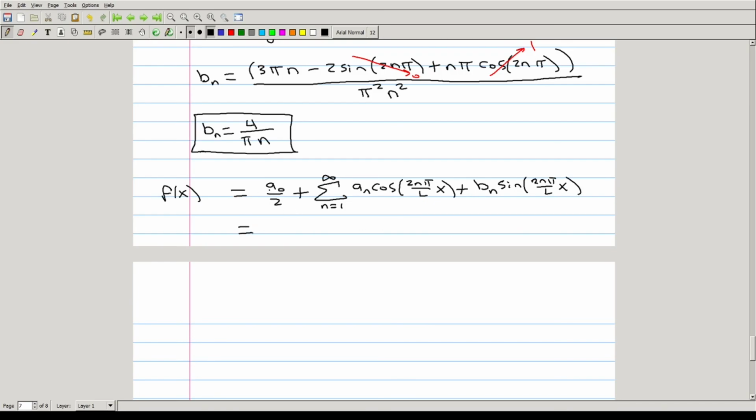When you plug in, a naught over 2 gives you 1, all of your an's are 0, and all of your bn's are 4 over pi n, times sine of n pi over 2 times x.